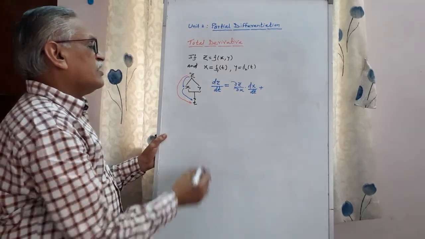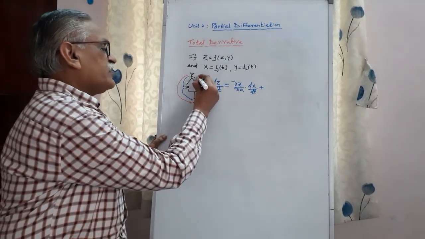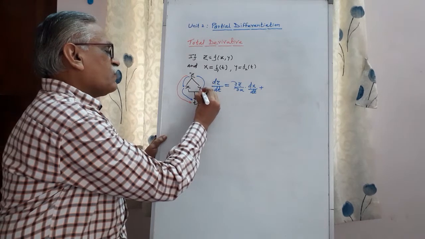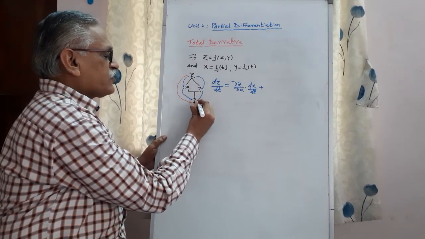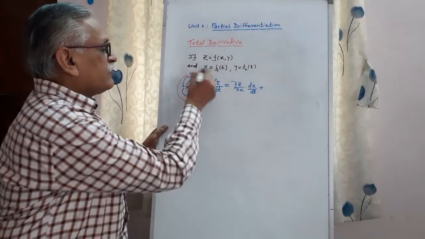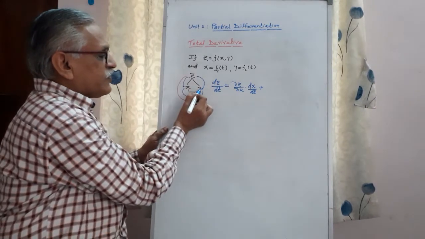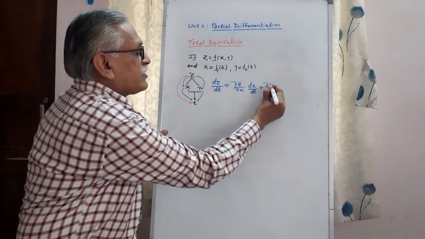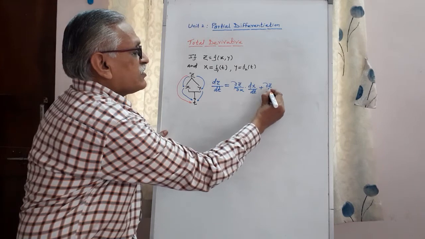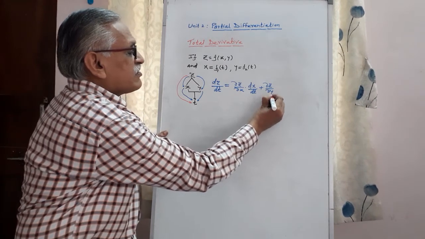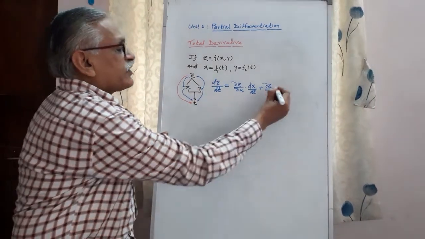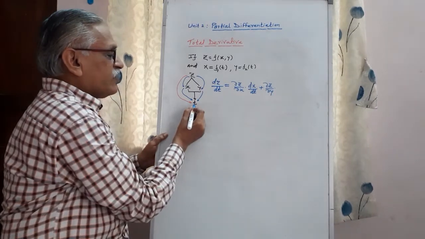plus differentiate z with respect to y and then y with respect to t. When we differentiate with respect to y, that derivative is a partial derivative, dou z by dou y, and y with respect to t, a function of one variable.